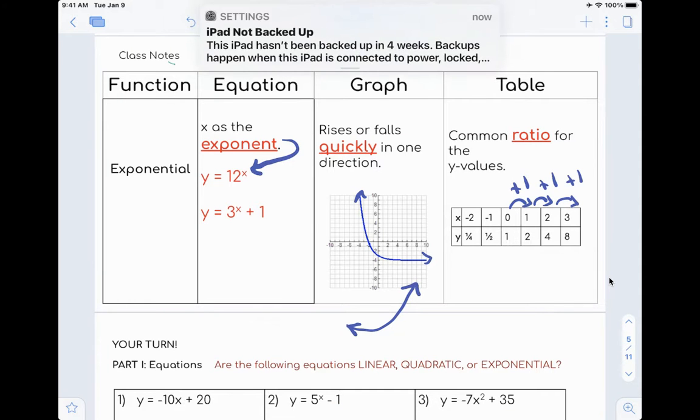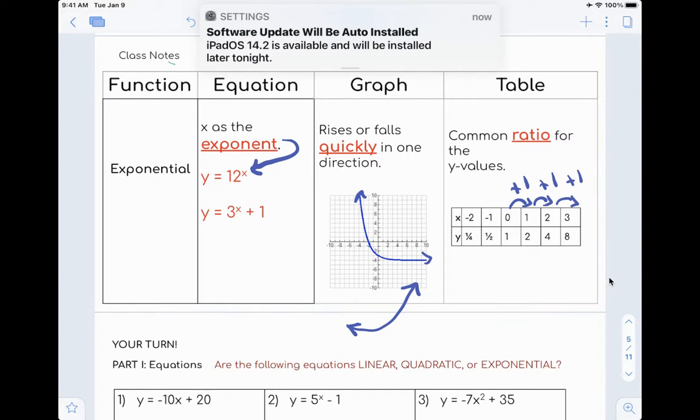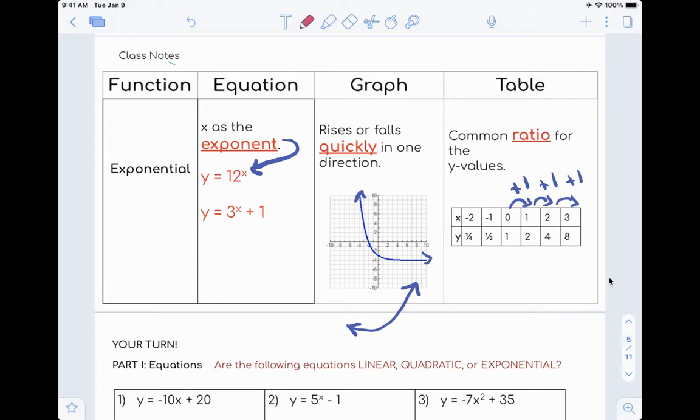So the ratio, and I'll start with something that's easy. The ratio of 8 to 4 is 2, right? The ratio from 2 to 4, that was also 2. From 1 to 2, that was also 2.